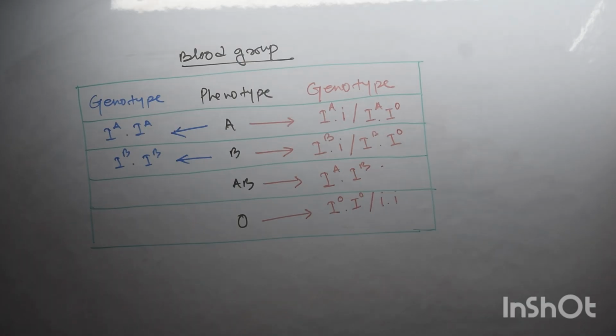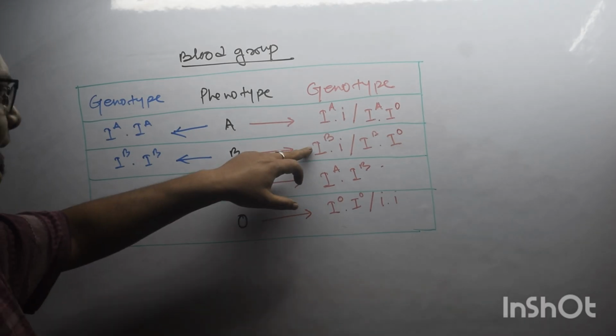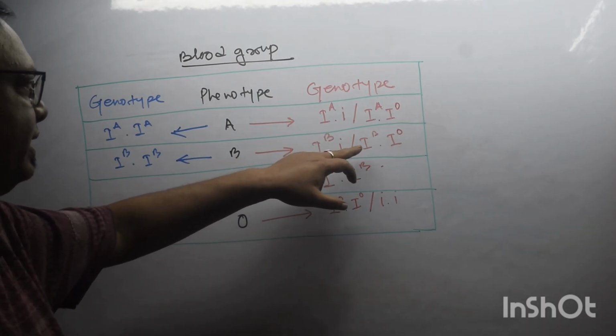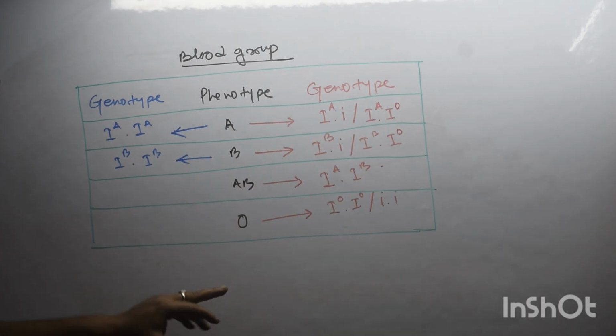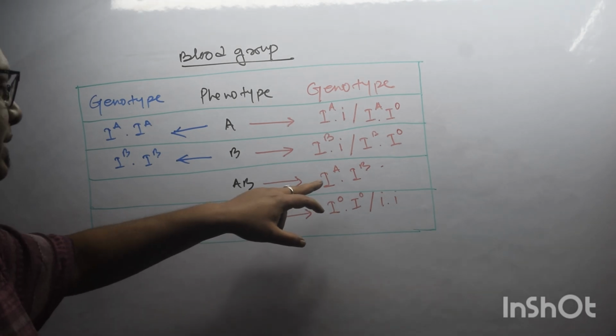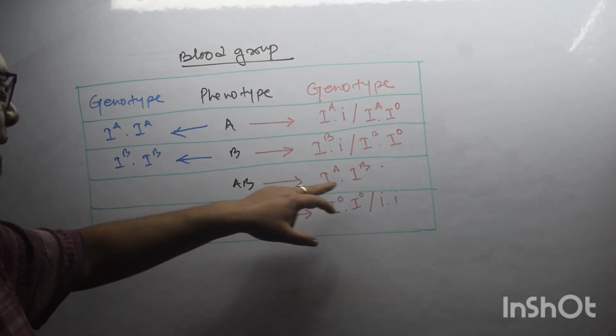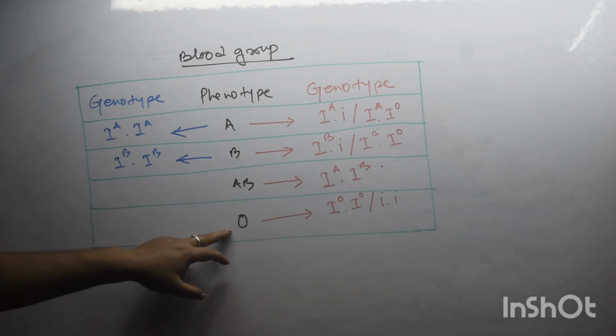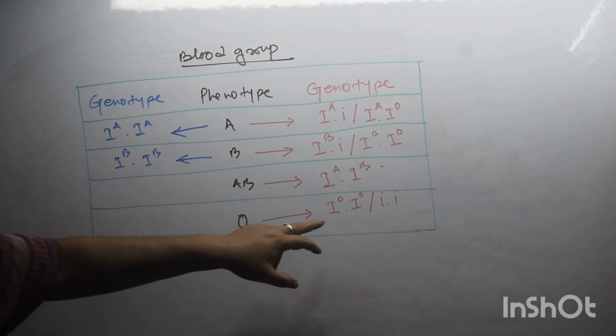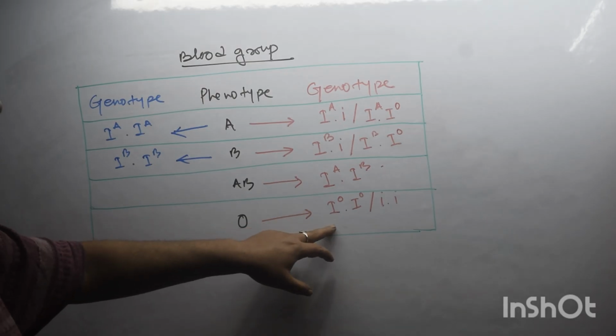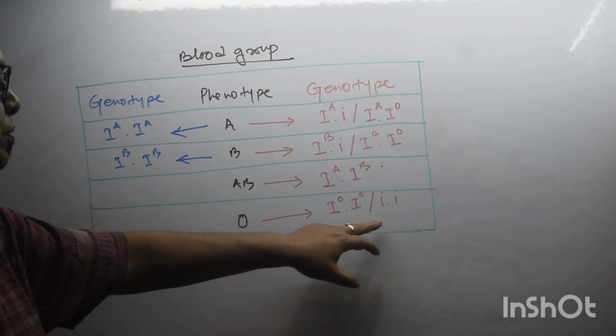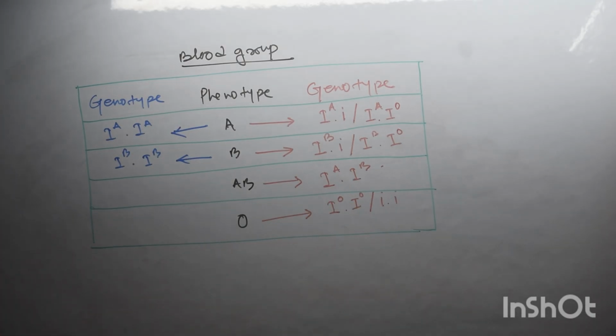B can be represented by IB IB, or IB small i, or IB I0. AB is represented by capital IA and capital IB. O is represented by I0 or small i. So this is how a blood group can be represented.